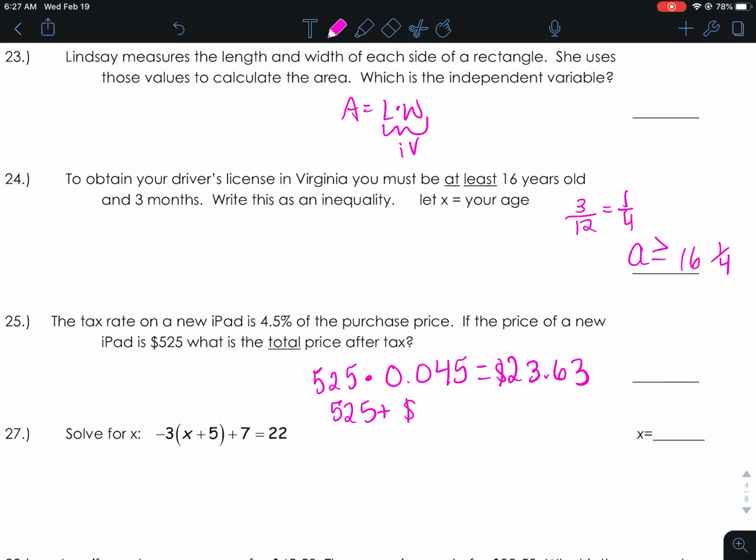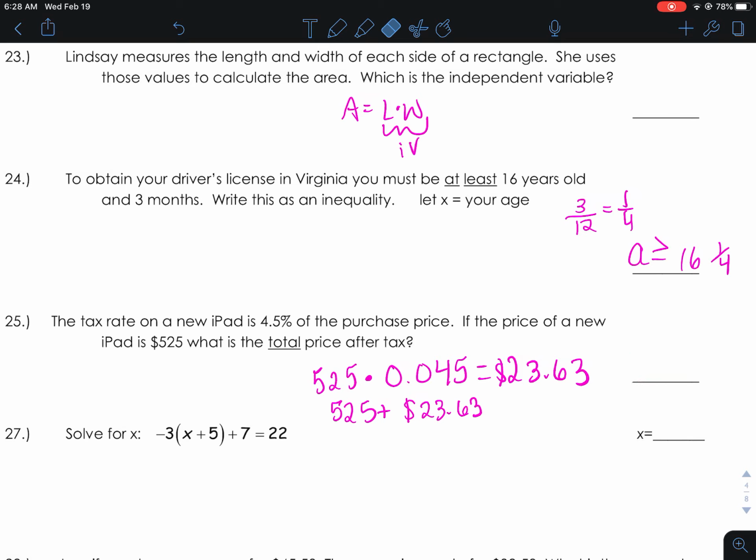Notice I'm writing down everything that I'm typing in my calculator. All right, plus 23.63. I feel like, am I typing wrong? Ooh, okay, hang on.